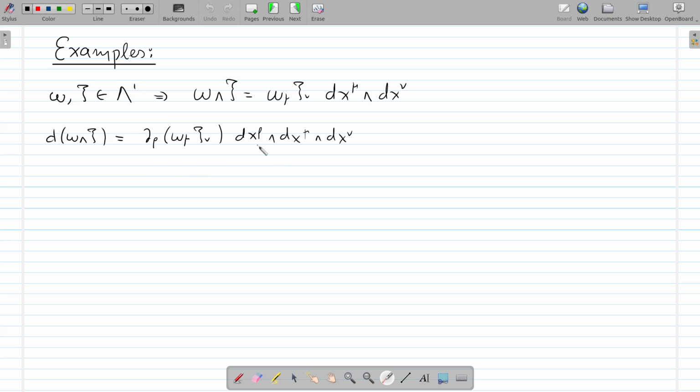So that, of course, is because it is a 3-form. But the derivative here acts on the product in the usual way. We apply the Leibniz rule for ordinary derivatives here.